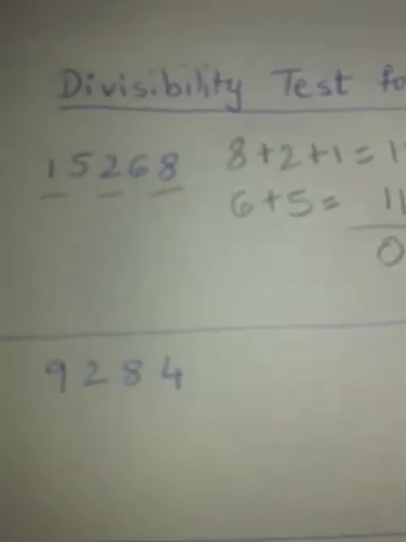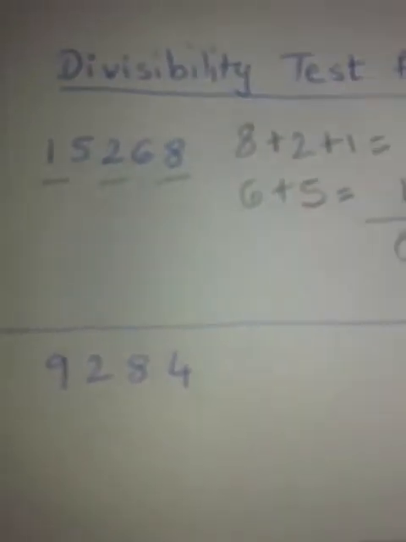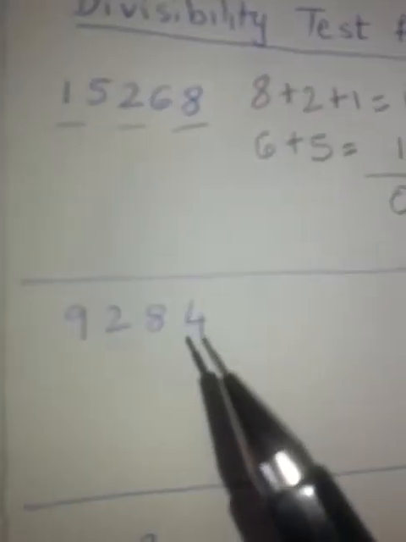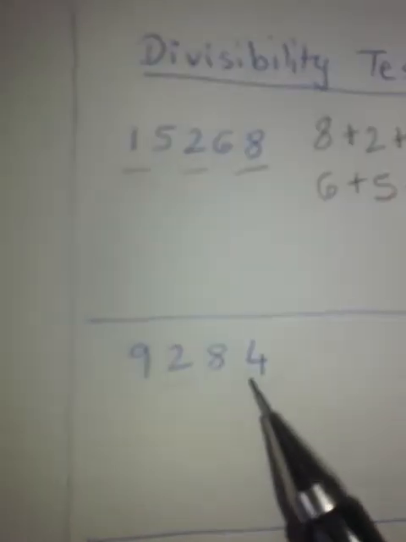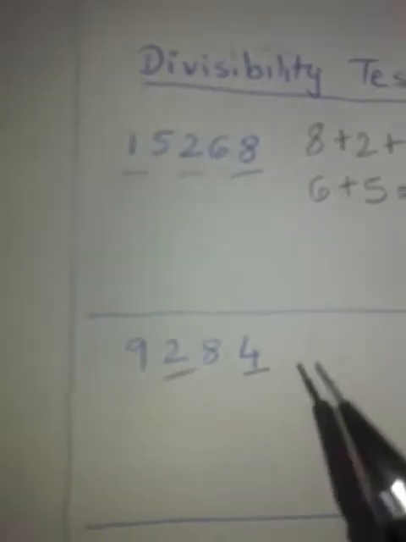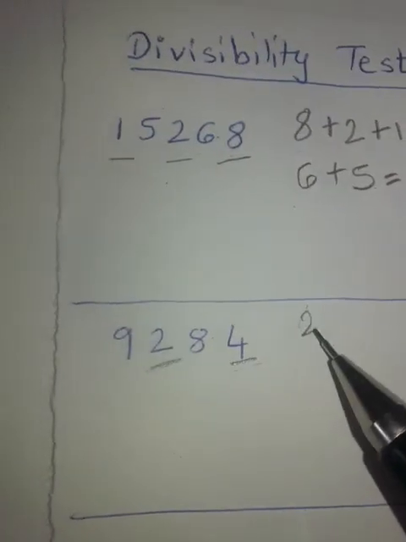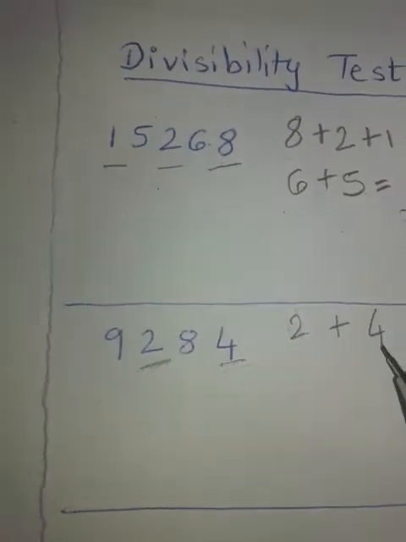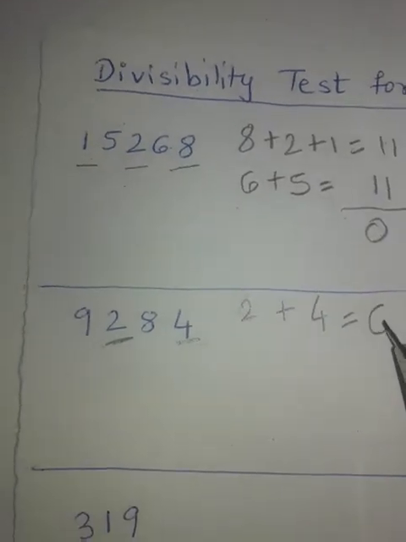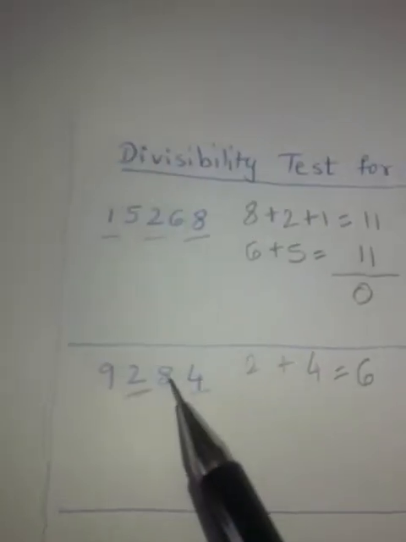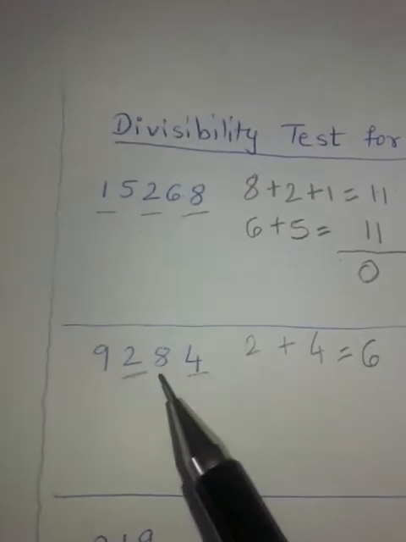Next number is 9284. First step is to mark the alternate numbers: 2, 4. I am going to add them. 2 plus 4, that is 6. Now the remaining numbers are also alternate.